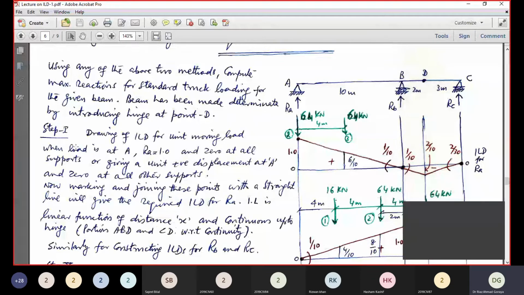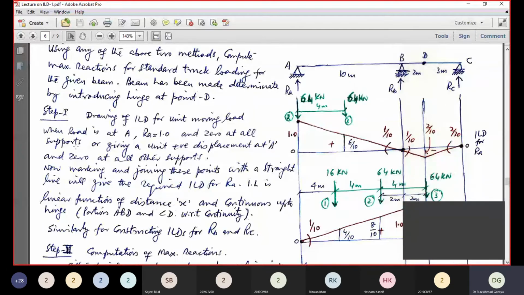This is a compound beam, two-span beam. Without this hinge at D, it is indeterminate by 1 degree. Now, by introducing this hinge at point D, the indeterminacy has been removed.